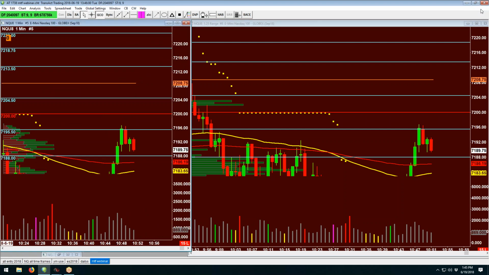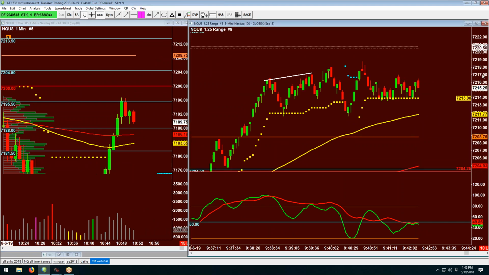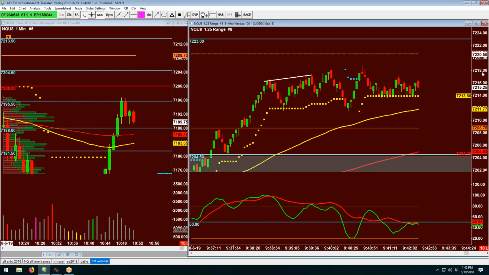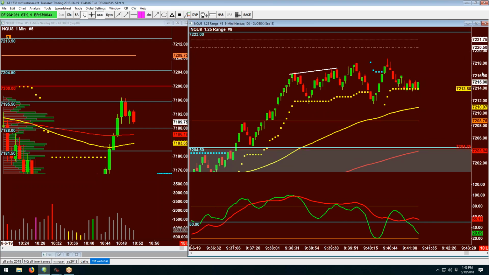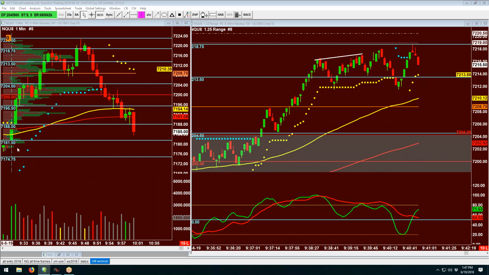What I like to do is, if price is moving strongly in a direction and I don't happen to be in because I didn't have a setup, then I'll look for pullbacks to those areas of support and resistance. So right off the open, price takes off higher, and I don't do anything right out of the gate.